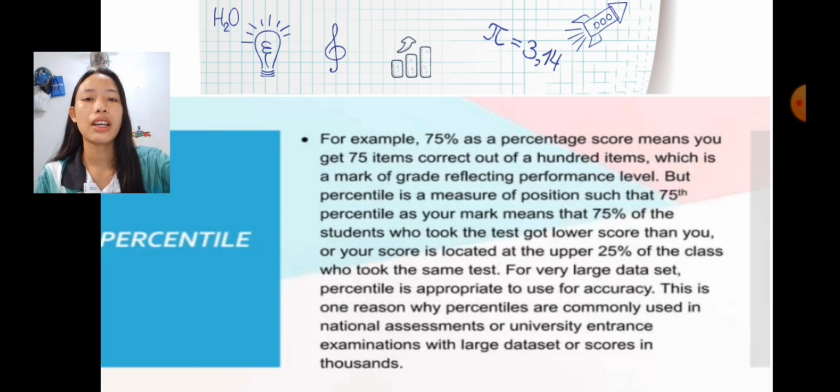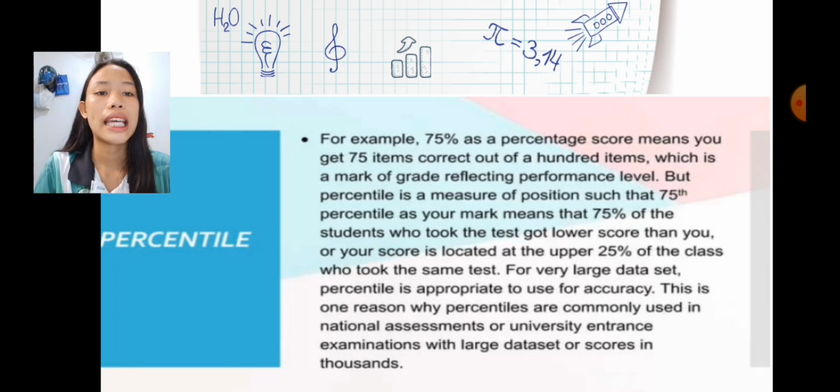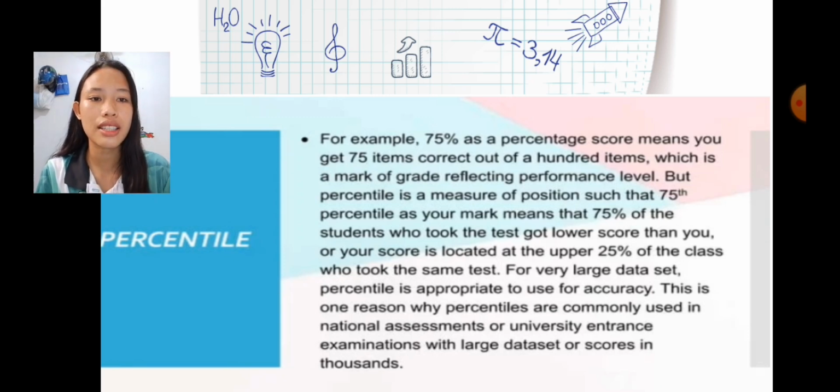For a very large data set, percentile is appropriate to use for accuracy. This is one reason why percentiles are commonly used in national assessments or university entrance examinations with large data sets or scores in the thousands.